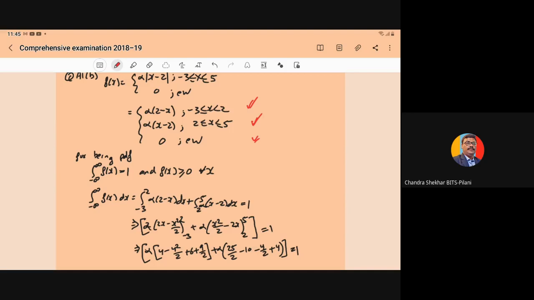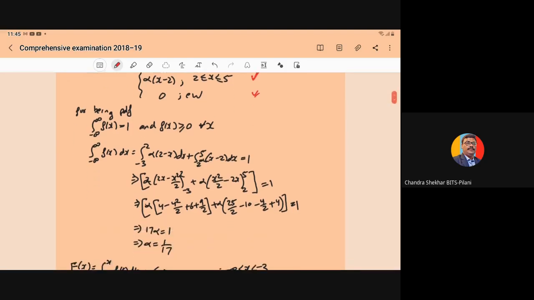The first one is that the integral over x should equal 1, and for all values of x, f(x) must be non-negative. So from the first condition, the integral from minus infinity to infinity of f(x) dx can be written as the integral from minus 3 to 2 of alpha into (2 minus x) dx plus the integral from 2 to 5 of alpha into (x minus 2) dx, equal to 1.